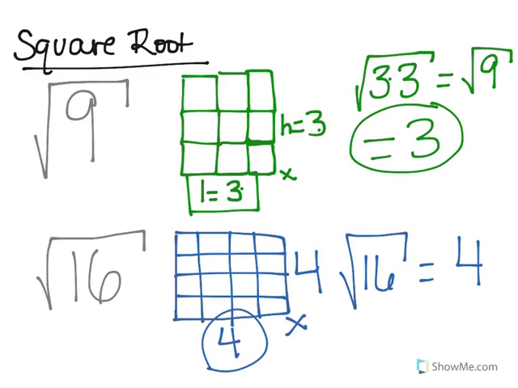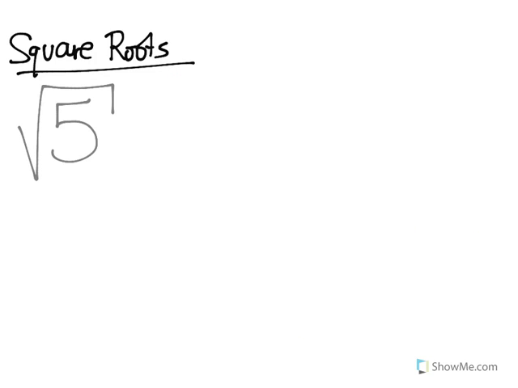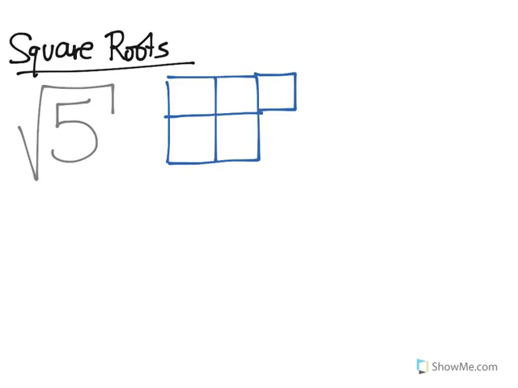But Miss Cuban, some of these square roots are not perfect. How do we find the square root then? Good question. Let's find out. Okay, so I have the square root of 5. So I have my perfect square. I know my perfect square, 1 by 1 is by itself. If I do a 2 by 2, that gives me 4. But I have 1 extra.